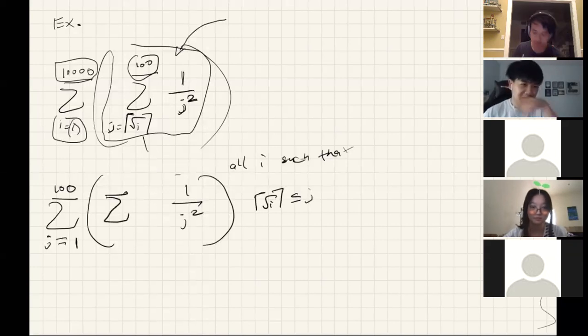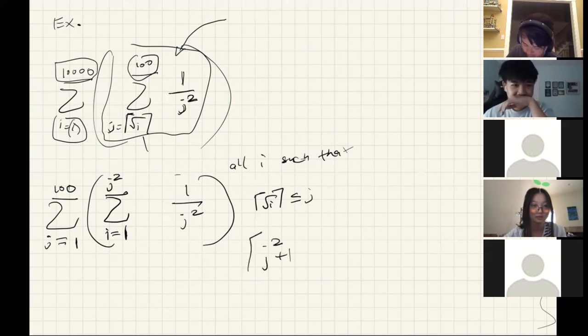So the critical insight is to notice that I can range from 1 to j squared, okay? Because for anything above j squared, like j squared plus 1, the ceiling of the square root of this is going to be greater than j.